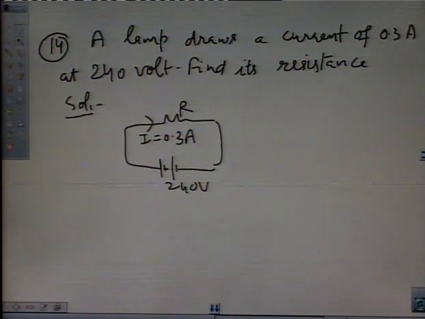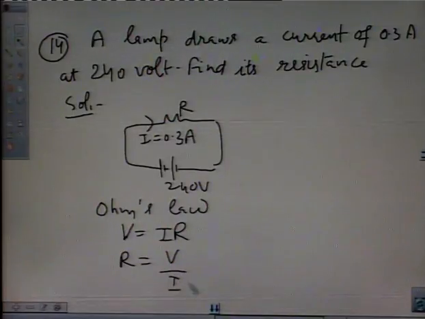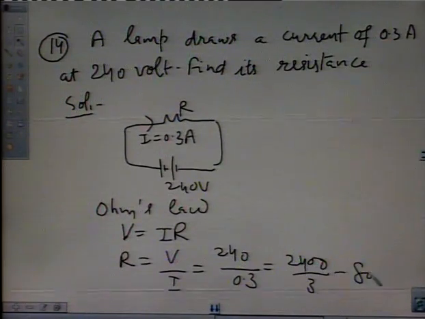Here we can apply Ohm's law, which states that the voltage V is equal to I into R. So the resistance R is equal to V upon I, which is equal to 240 divided by 0.3. This is equal to 2400 upon 3. This is equal to 800 ohm. So the resistance of the lamp is equal to 800 ohm.